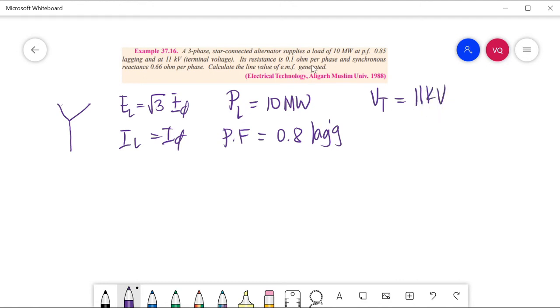Its resistance per phase is 0.1 and synchronous reactance XS is equal to 0.66 ohm per phase.